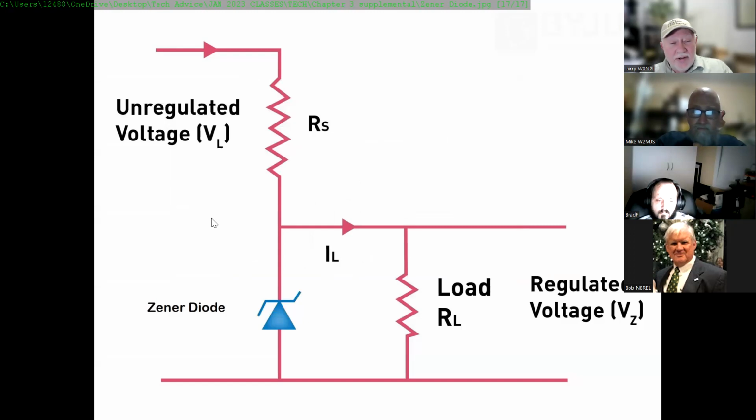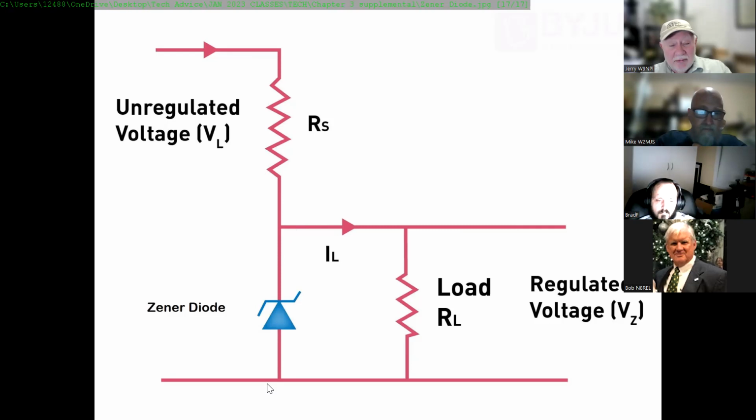Okay, this little arrow is just a flow of current arrow. This is the device. It's called a Zener diode, and it's a very special diode. It's rated at different voltages. What happens is that if there's any variation in the voltage coming out of the rectifier, this thing acts as a kind of resistor.